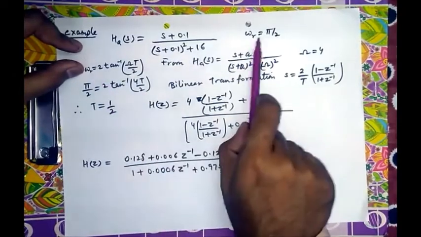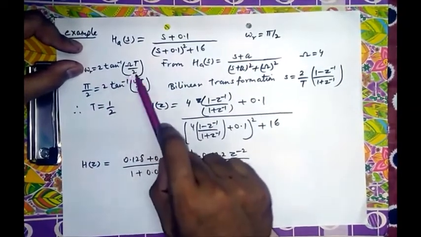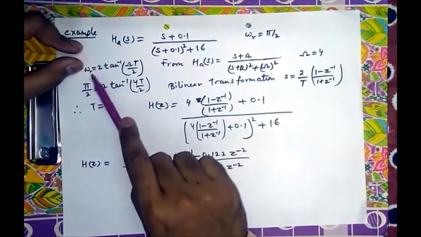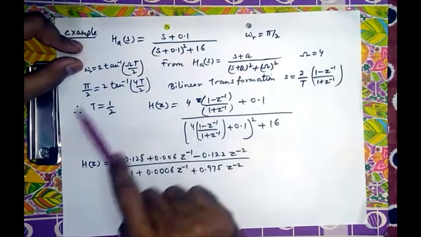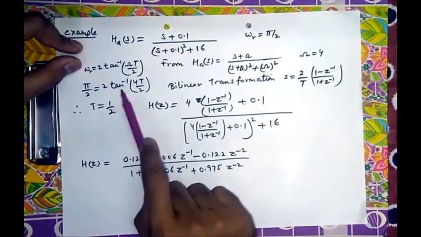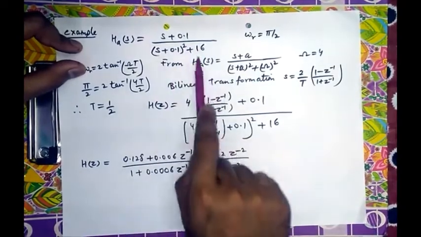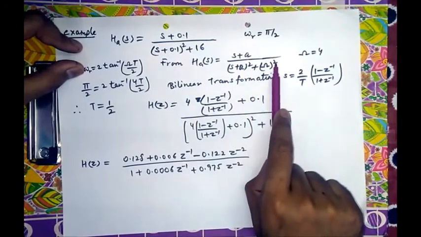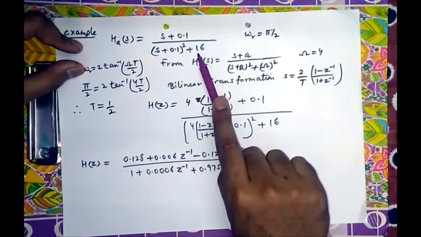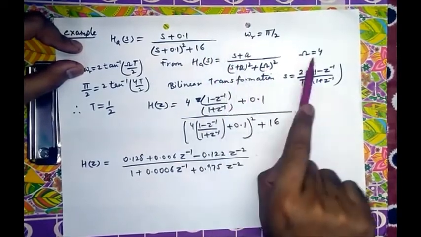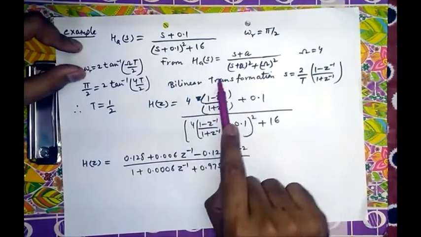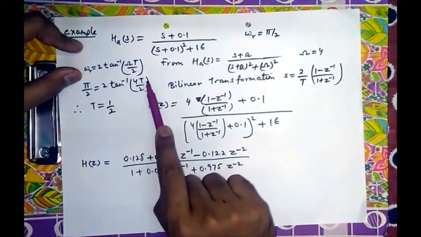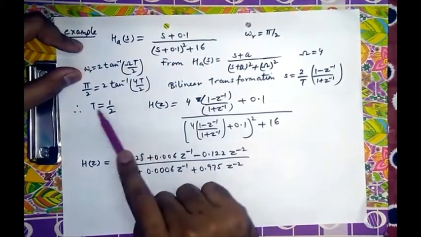Then omega r can be found using the frequency warping formula: omega r = 2 tan inverse(Omega r T/2). We compare this expression with the standard expression of the analog filter, (s + a)/((s + a)^2 + Omega^2). Comparing, we find that the analog frequency is 4, because this term is Omega squared. After putting omega r as pi by 2 and Omega as 4, we find T equal to 1/2.